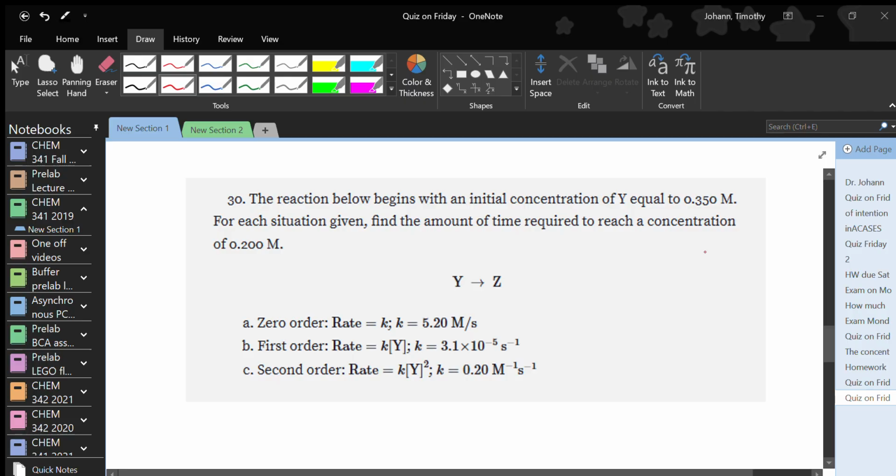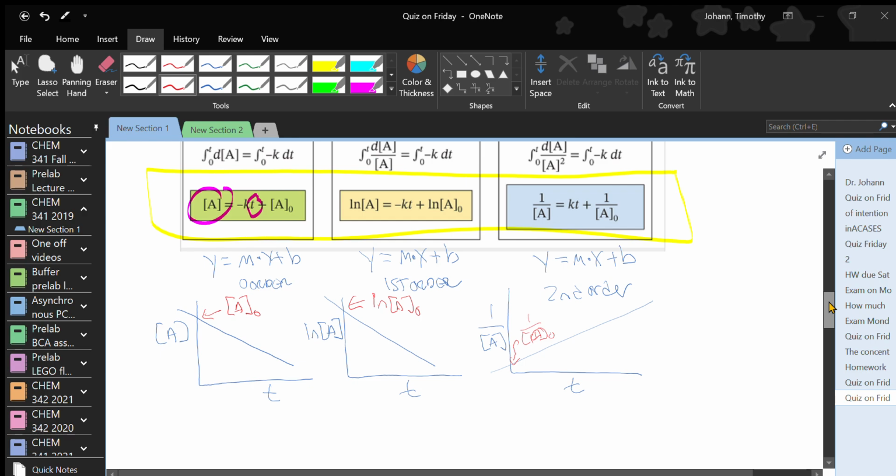Yes. So you said that we'd have to be able to differentiate the graphs to tell which order it would be. How would you ask that? I would maybe give you some graphs and ask, what order is this reactant?